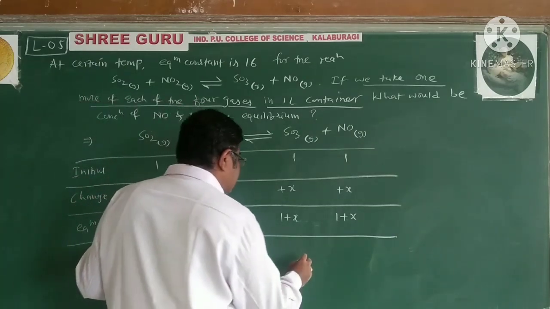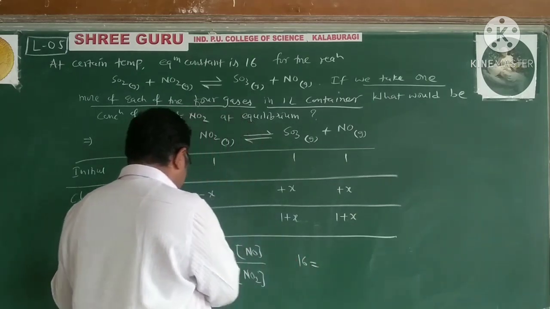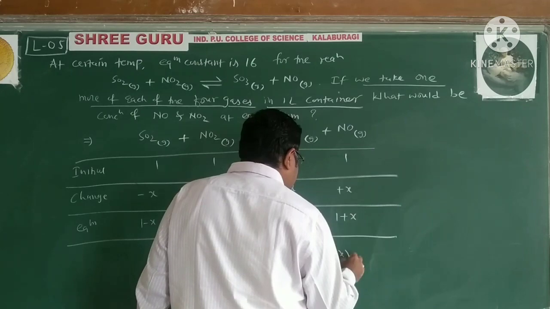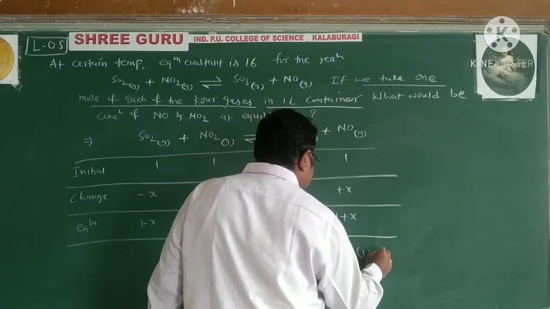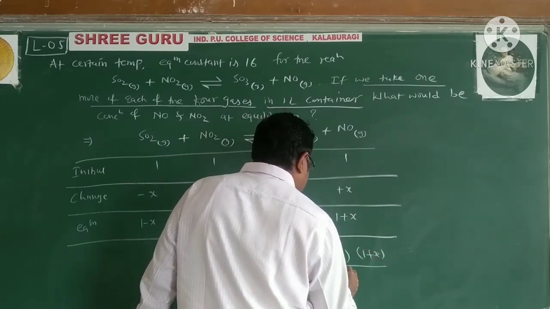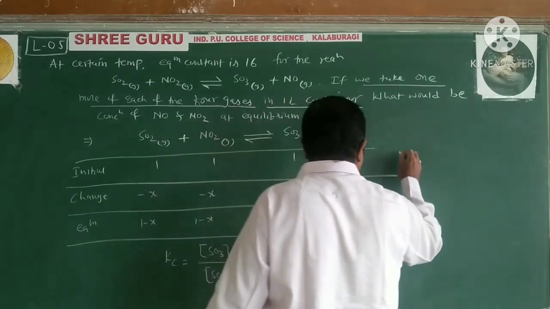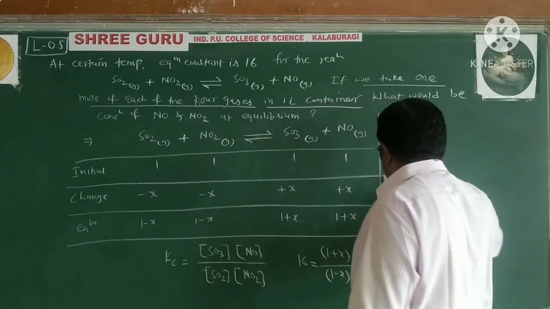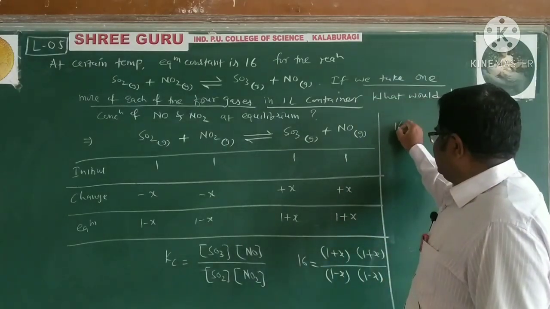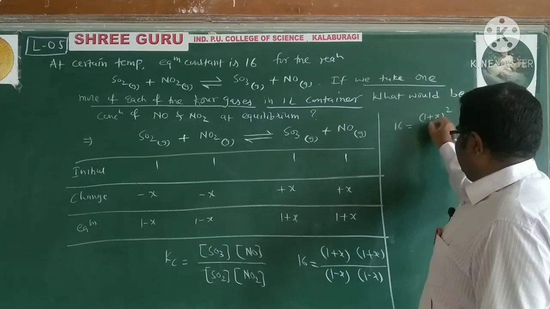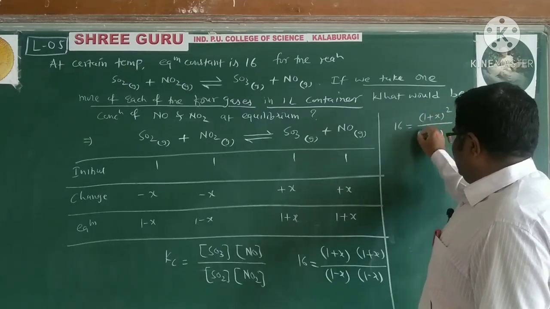This value is 16, Kc value is given. SO3 is 1 plus x, this is also 1 plus x, 1 minus x, 1 minus x. So 16 is equal to (1 plus x) whole square over (1 minus x) whole square.